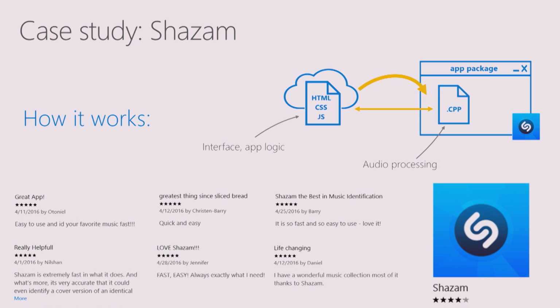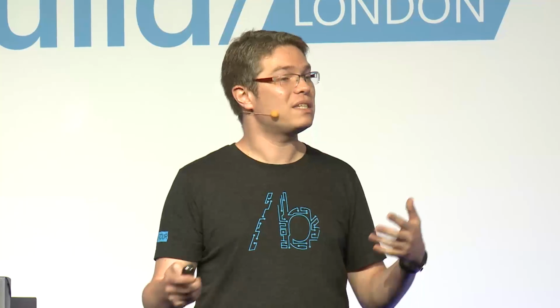But still, they needed a bit more power for multi-threading and decoding to analyze the audio. So they built a C++ component, and it's used by the hosted JavaScript application. So you can also imagine mixing some kinds of technologies, and you'll see that the comments and the rating of the application are still really, really great.